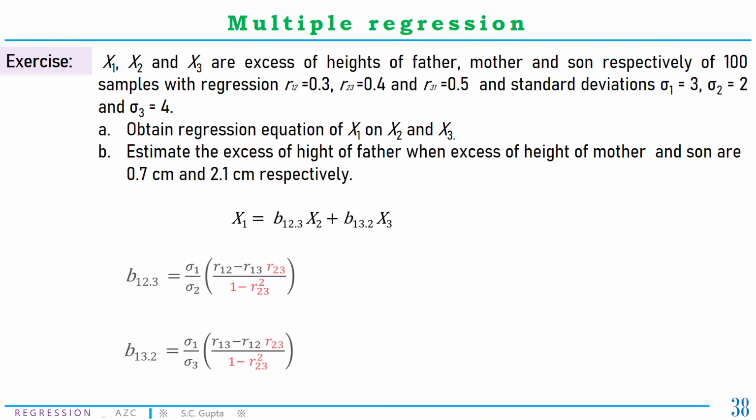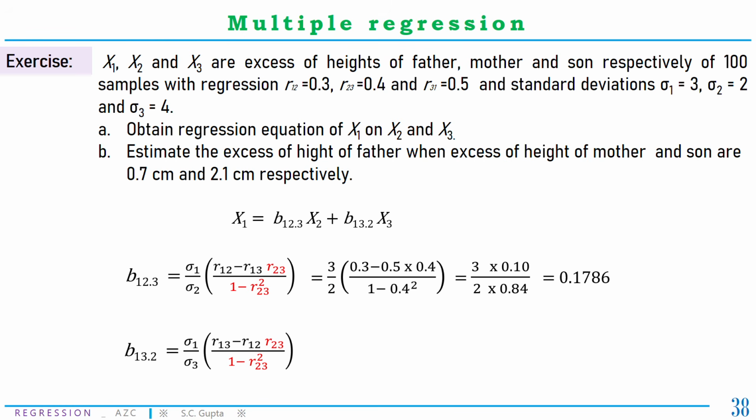First, we need to calculate b1 2.3 and b1 3.2. b1 2.3 found is 0.1786. Now calculate b1 3.2. b1 3.2 found is 0.3393.